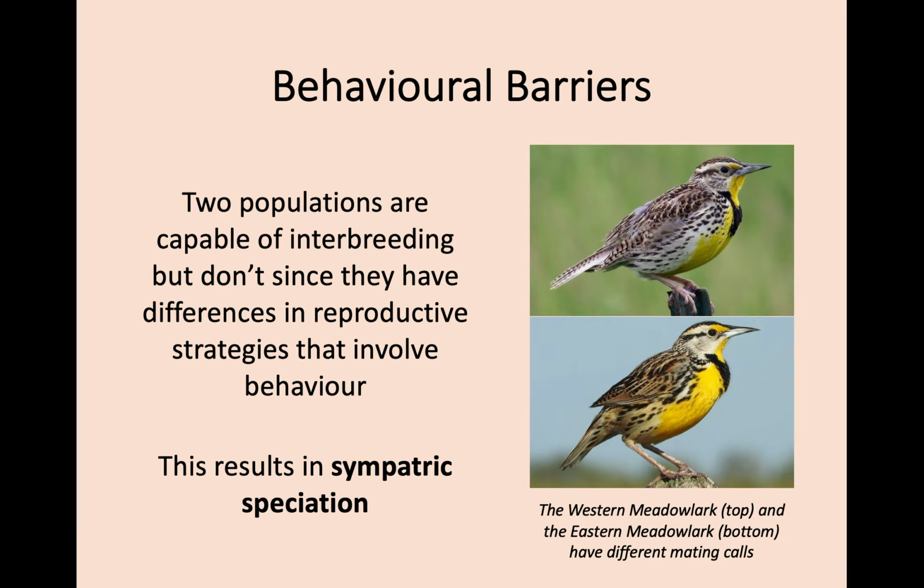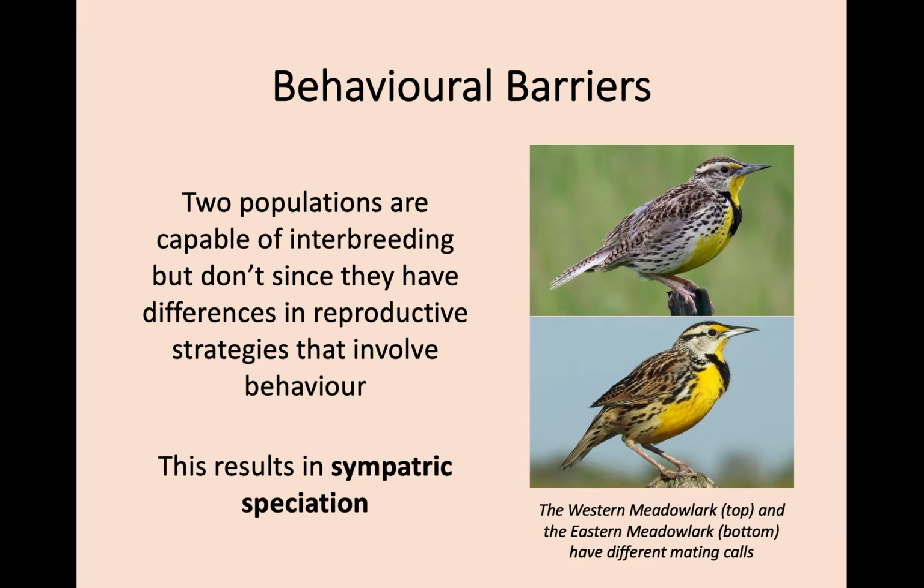At some point, there would have just been a meadowlark species, but they have divided through speciation into the western and the eastern ones. And what's caused that, the barrier that's caused that, is mating calls. At some stage, a subpopulation would have had a certain mating call and they would all have reproduced together, and the other subpopulation would have had a different mating call and they all reproduced together. Again, through the same process of speciation, eventually you have two different species.